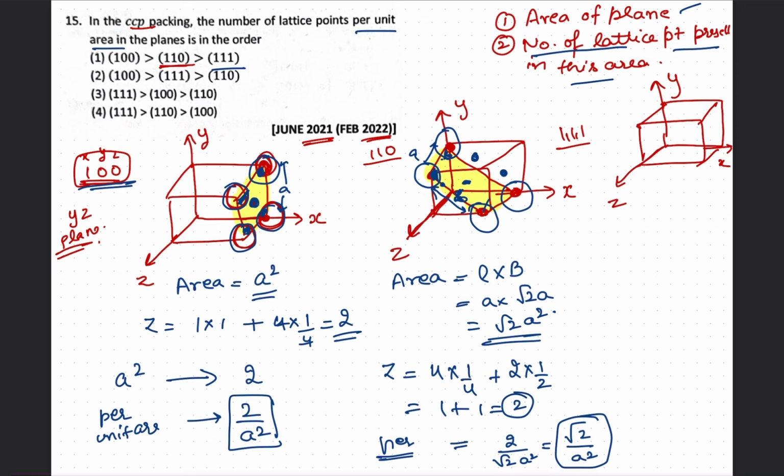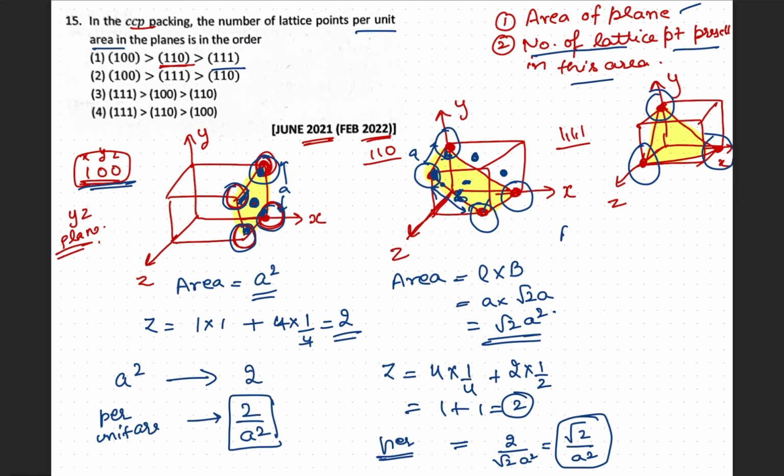Now 111 means 1 here, 1 here, 1 here, so this will be your plane, okay? Let me highlight this. So this will be your plane, right? Now see, here is an atom, and here an atom.